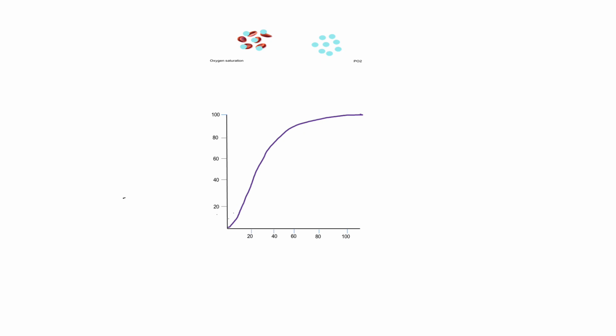The oxygen dissociation curve tells us how the partial pressure of oxygen correlates with oxygen saturation. In this graph, we have the partial pressure of oxygen in millimeters of mercury on the x-axis and oxygen saturation of hemoglobin on the y-axis. We can see that after some increase in oxygen saturation, there is a steep increase in oxygen saturation with only a small increase in partial pressure of oxygen.